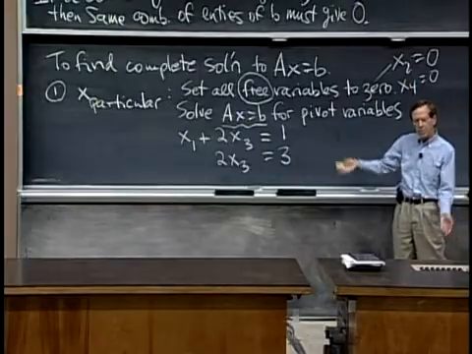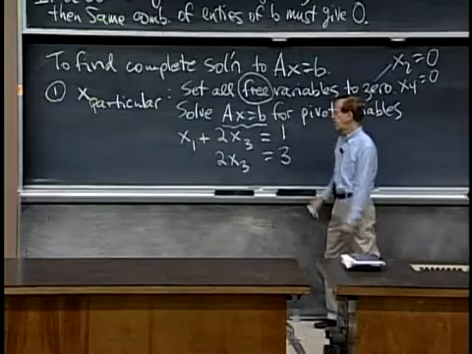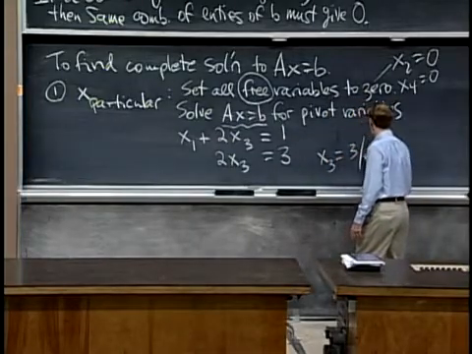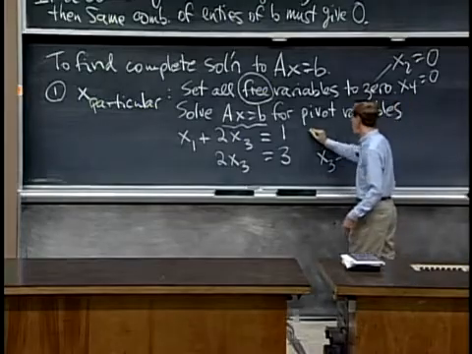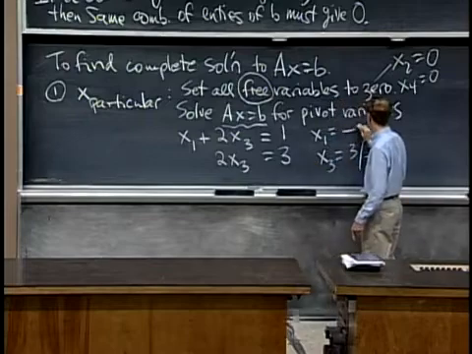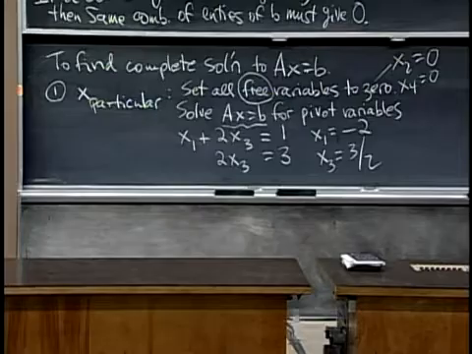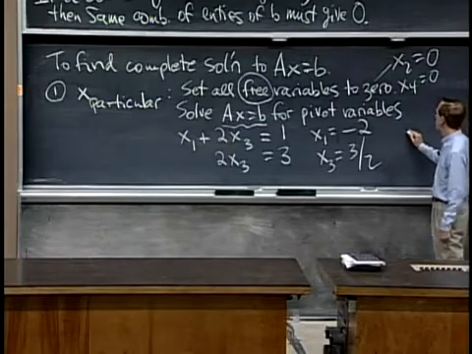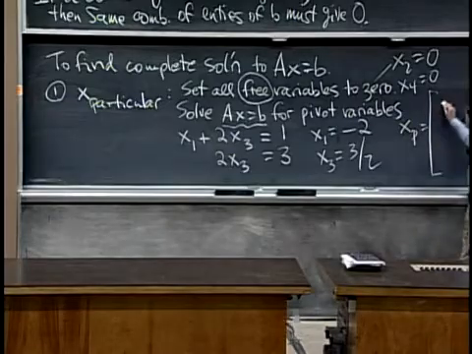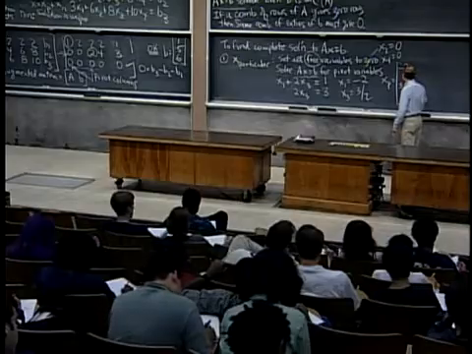And you see that we're back in the normal case where back substitution will do it. So x3 is 3/2, and then we go back up, and x1 is 1 minus 2 x3. That's minus 2. Good. So now we have the solution. x particular is the vector (-2, 0, 3/2, 0).